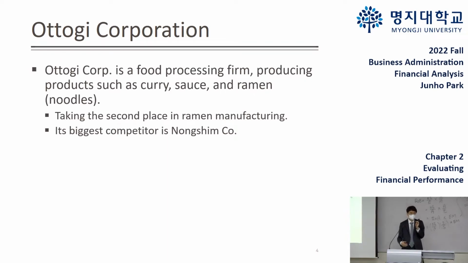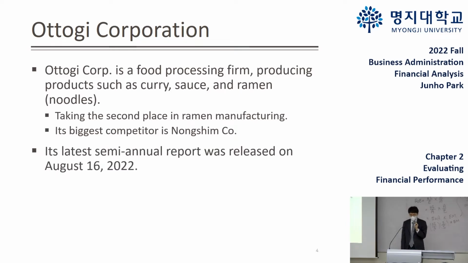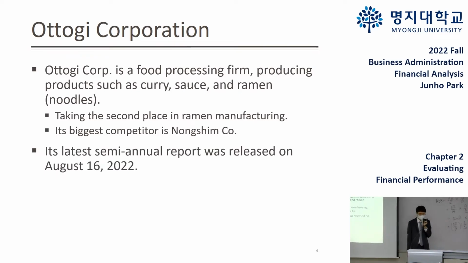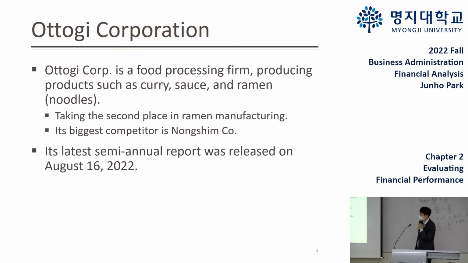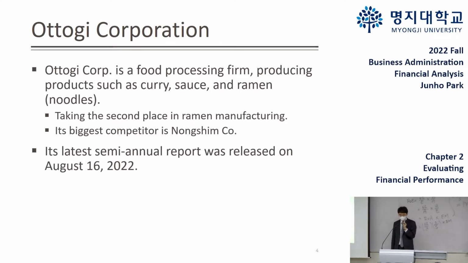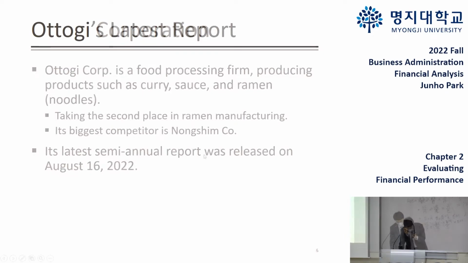So Ottogi sells 진라면 and Nongsim sells 신라면. Its latest semi-annual report was released on August 16, 2022. So recently, they released new financial statements, and we got an opportunity to analyze it.